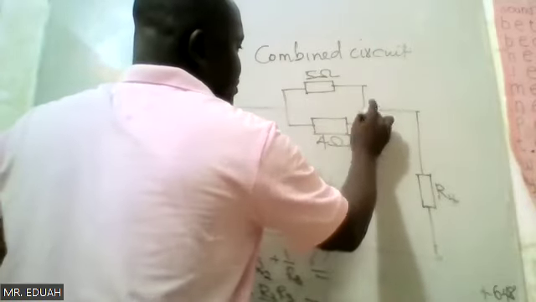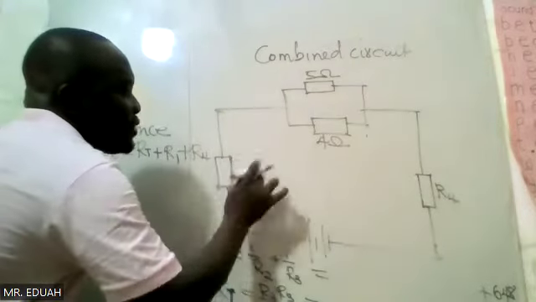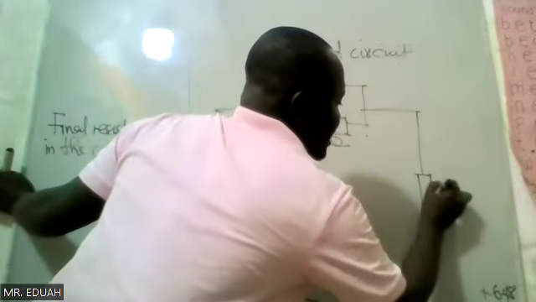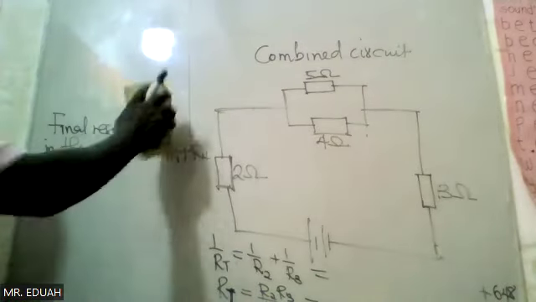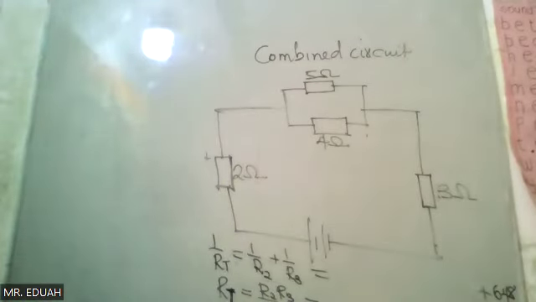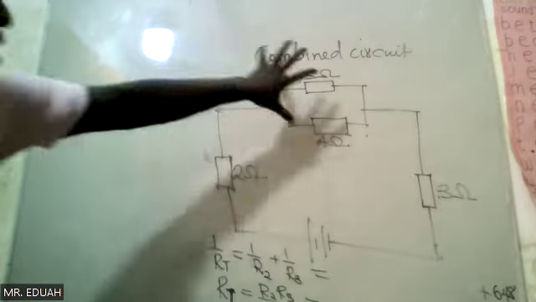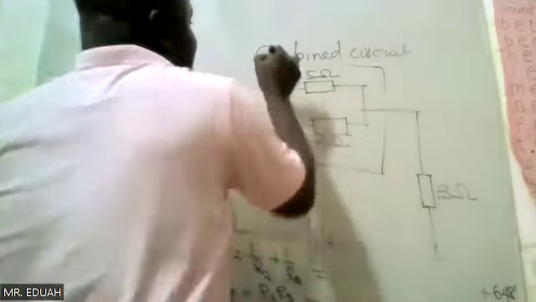They are in parallel, so these two resistors in parallel are in series with this, which is 2 ohm, and this is 3 ohm. The question is: find the total resistance in the circuit. So I need to tackle the parallel part first, which is this one. Treat this to get that single resistance, which will be equivalent to this.